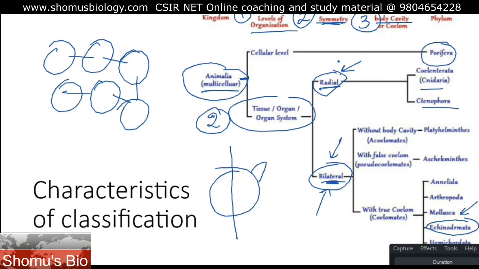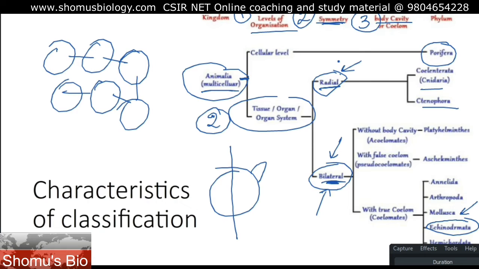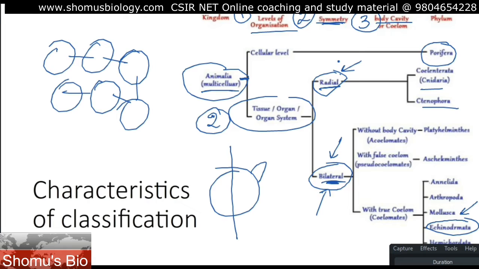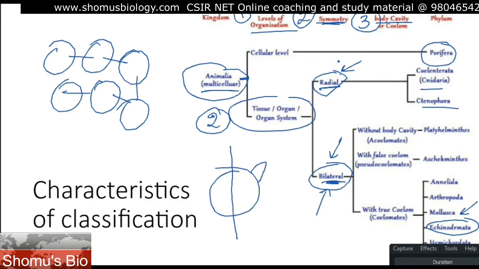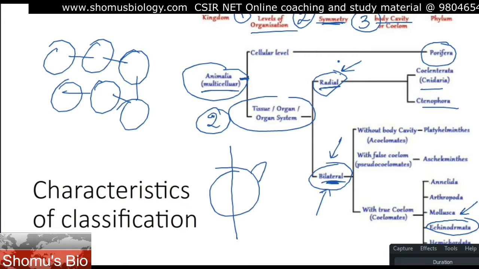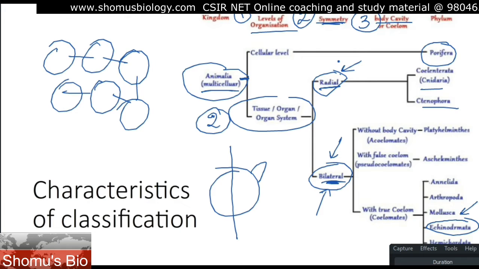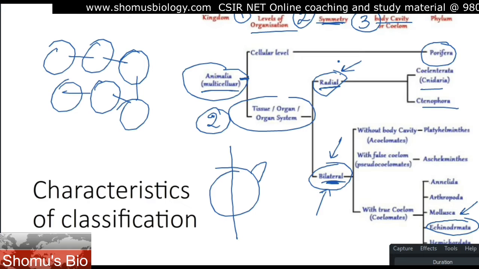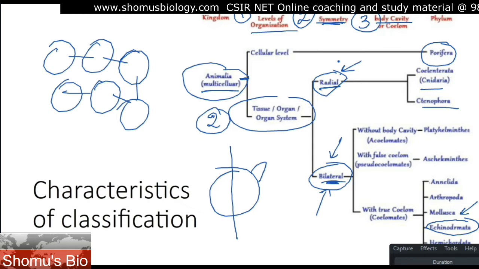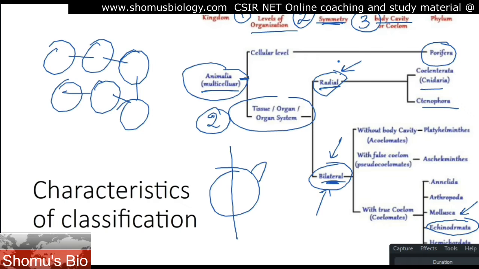And there are organisms where the body cavity is formed and fully functional. What's the role of this cavity? The internal organs live inside the body cavity. There are organisms where the organs and systems are floating in the body without any kind of cavity, but here they produce a dedicated structure or body cavity where the whole organ system is placed.